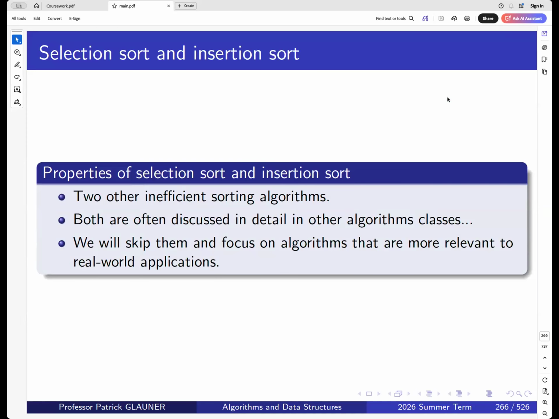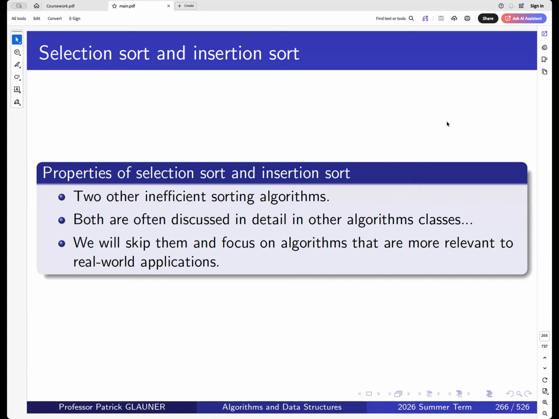There are two other relatively simple sorting algorithms, and they get a lot of attention in the literature for some reason. They are called selection sort and insertion sort. They are both quite inefficient, by the way. In a lot of algorithms courses, like the one that I took as a first-year student, they discuss in great detail the selection sort and insertion sort.